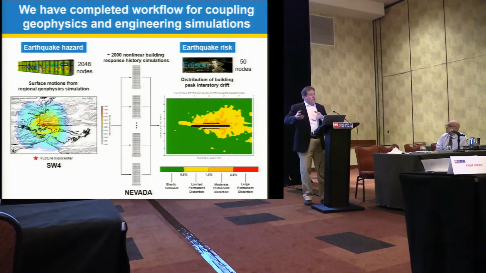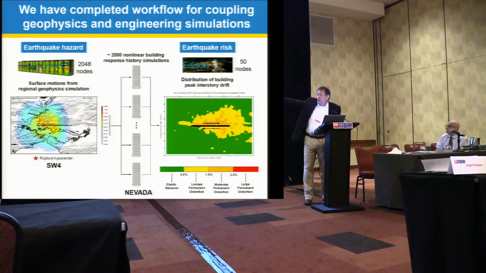Secondly, I mentioned the notion of going all the way from ground motion to structural response. We have developed a series of Python scripts that take either the surface motions or the near surface motions from SW4 and translate those to our structural analysis codes. So at regional scale, we can first run the earthquake ground motion, then we can see what the distribution of risk to structures resulting from that earthquake looks like.